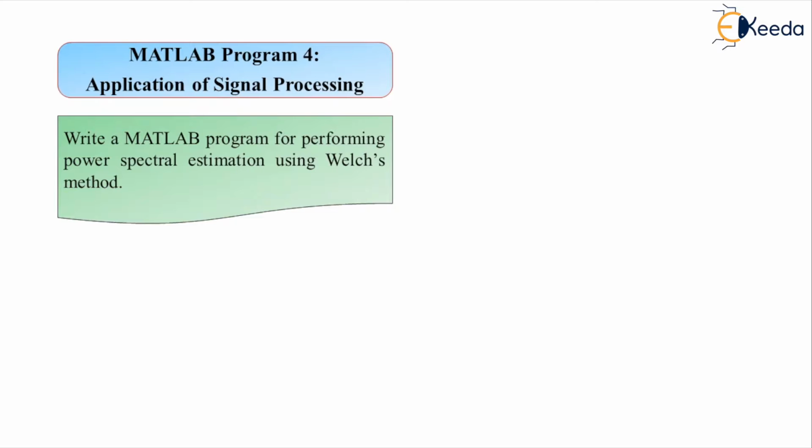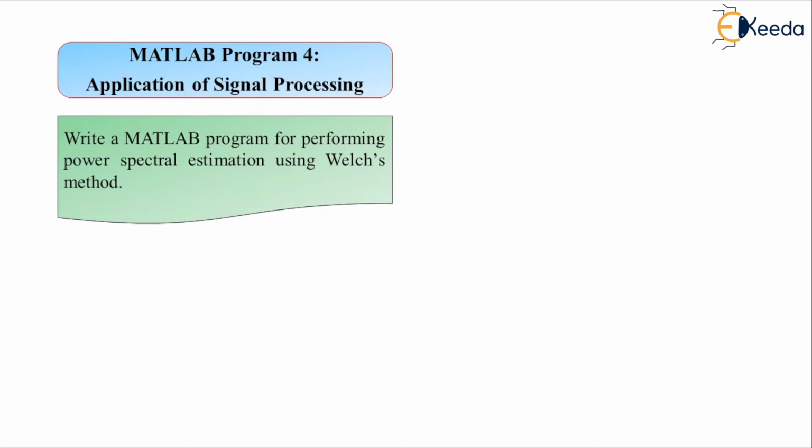The aim is to write a Matlab program and execute it for performing power spectrum estimation using the Welch method. The Welch method we have seen in chapter number 4, where we dealt with several techniques of power spectral estimation classified into two groups, non-parametric and parametric. We follow the same fundamentals for the implementation in the Matlab environment.